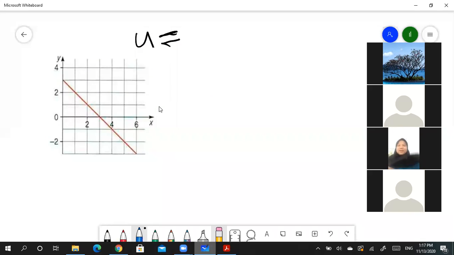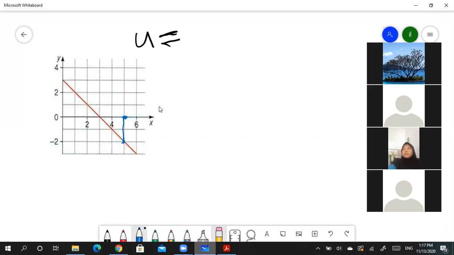Let's pick a point on this line. For example, this point. What is the value of this point on x? It's 5.